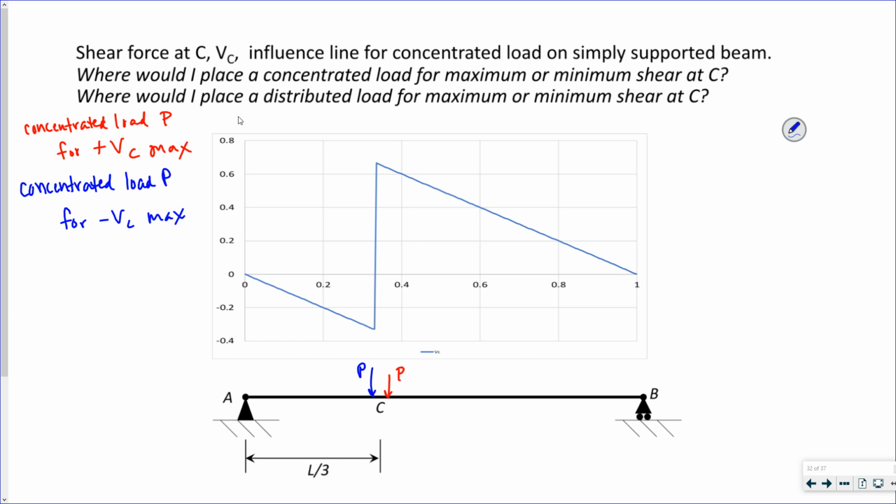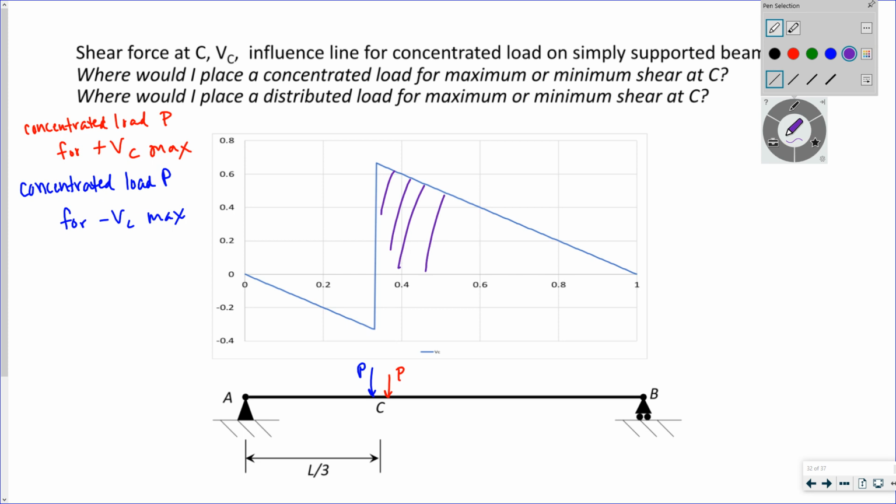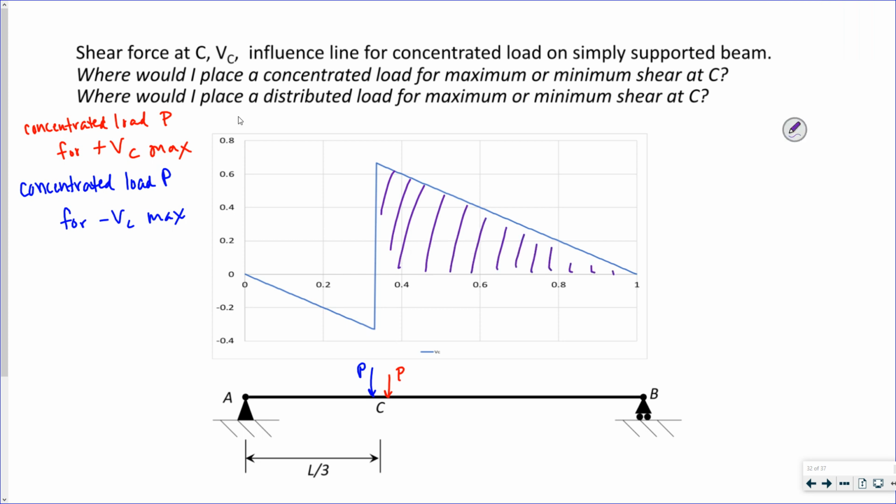Where would I put a distributed load for my maximum shear? I'd put it over this entire length, right? Because then I would have 1/2 times 0.6, it's 2/3, 0.66, right?